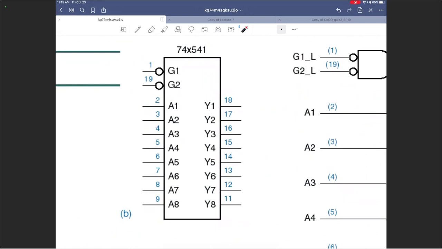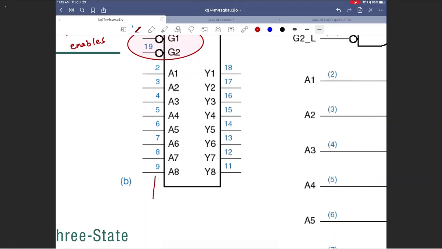It has 2 active low enables, and we will see how we can use them in a very intelligent way in a little bit. There are 8 active high inputs that can go directly to 8 active high outputs.